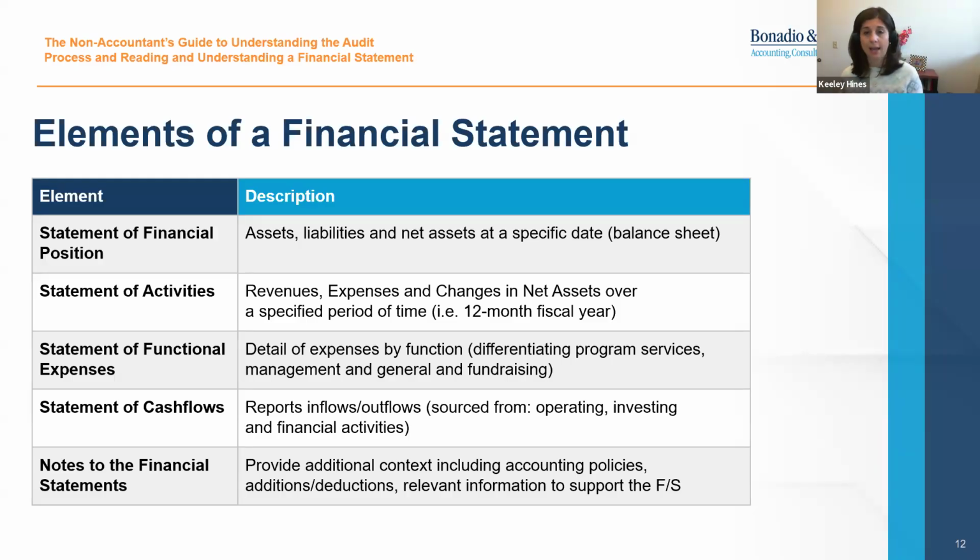You can look at the fixed asset footnote and say, oh, there were purchases of X amount of dollars, and then there is depreciation expense of X amount of dollars, and that's how I get from the prior year to the current year balance. So it's really helpful to look at those because they provide a little more context as to what's going on with the financial statements.